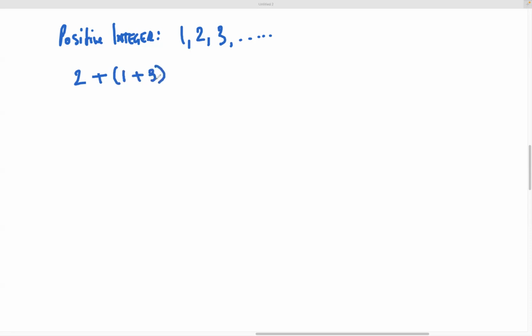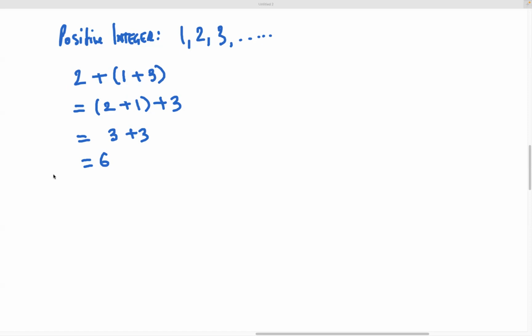If we have positive integers, and we looked at this in the previous video where we said any number greater than 0, such as 1, 2, 3, 4, etc., is a positive integer, then if we have a relation like 2 plus 1 plus 3, this is the same as 2 plus 1 plus 3, and so we will say this is 3 plus 3 and that is equal to 6.